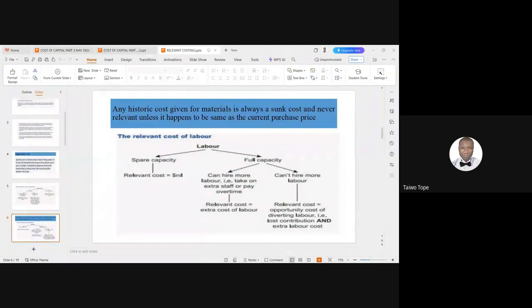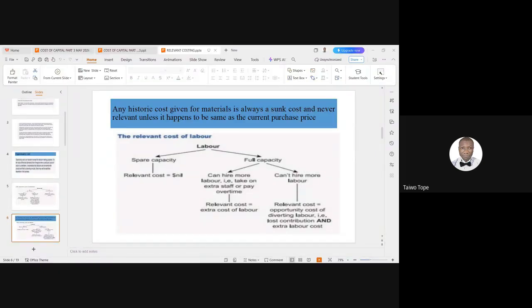You now discover that to meet up with your customers' demand, you need to engage 5 more people. The cost of engaging those 5 more people, maybe just for that period, will be a relevant cost.